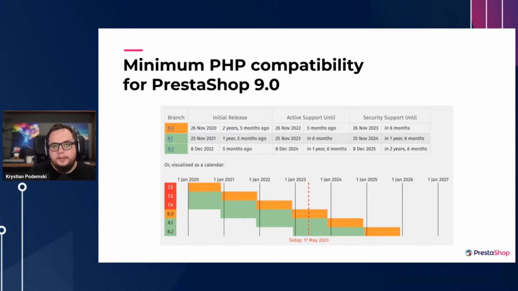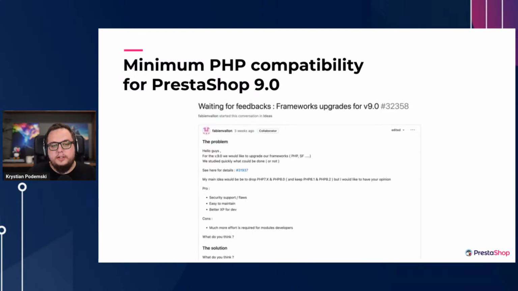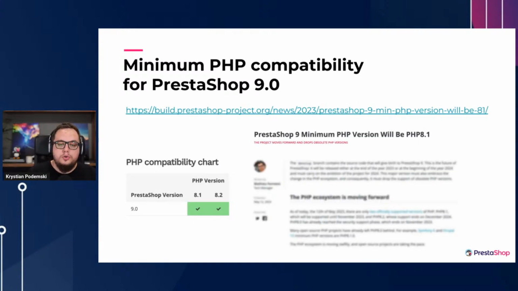This is why the leadership council decided, after discussing with other project members and after receiving feedback from the community, to drop support for PHP lower than 8.1. This means that the PrestaShop 9 minimum PHP version will be PHP 8.1.